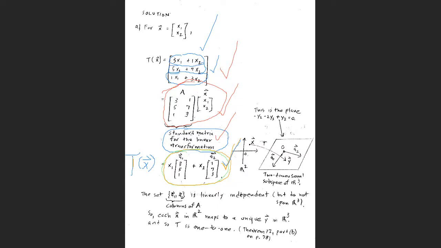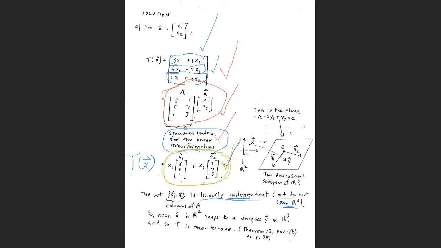Well, first thing we'll note is that the column vectors of A form a linearly independent set. Now, we note that the column vectors of A do not span R cubed, but they do form a linearly independent set.